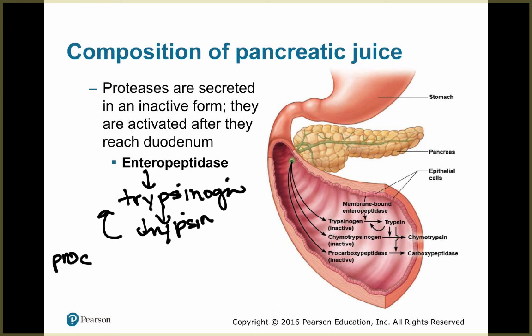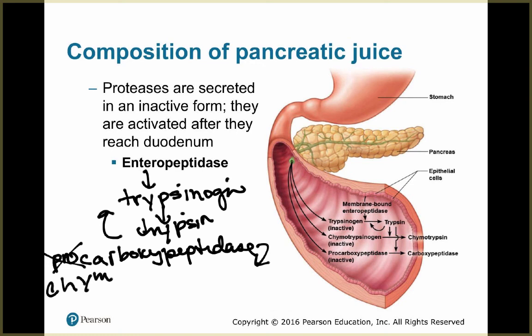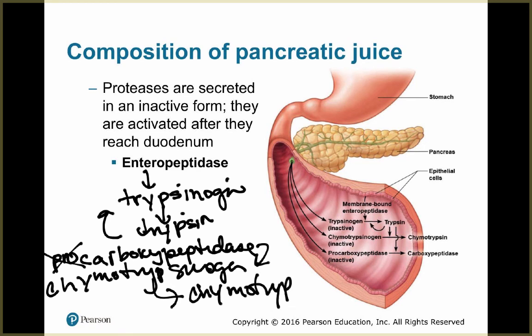And then you also have things like procarboxypeptidase. It gets activated into, you just take the pro off, carboxypeptidase, and then you have chymotrypsinogen that gets activated too, basically into chymotrypsin.